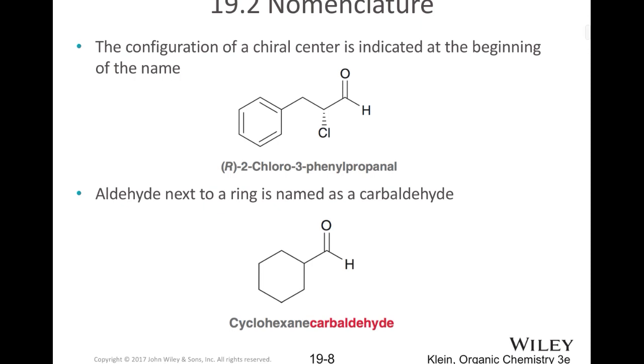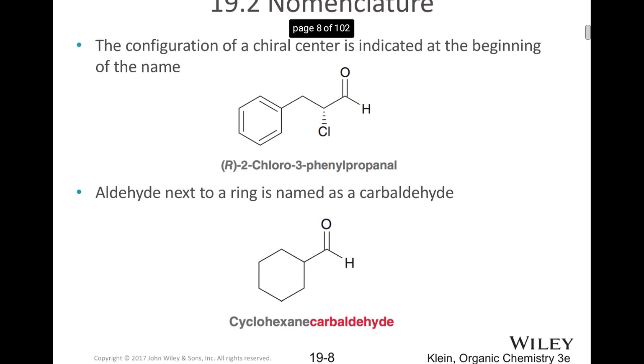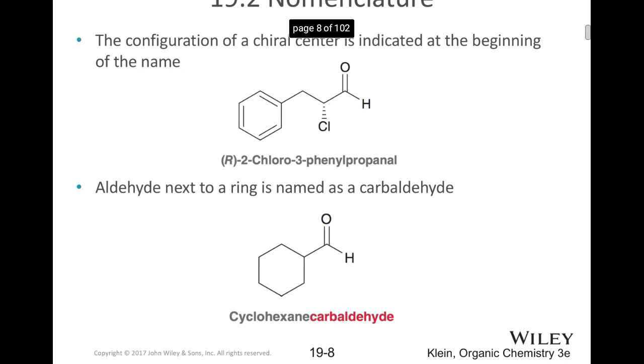What else? The configuration of a chiral center is always indicated at the beginning of the name. That's the same as alcohol nomenclature or alkane nomenclature. One little interesting nuance here is if you have an aldehyde next to a ring or on a ring, it's called a carbaldehyde. It's kind of an interesting word, the carbaldehyde.